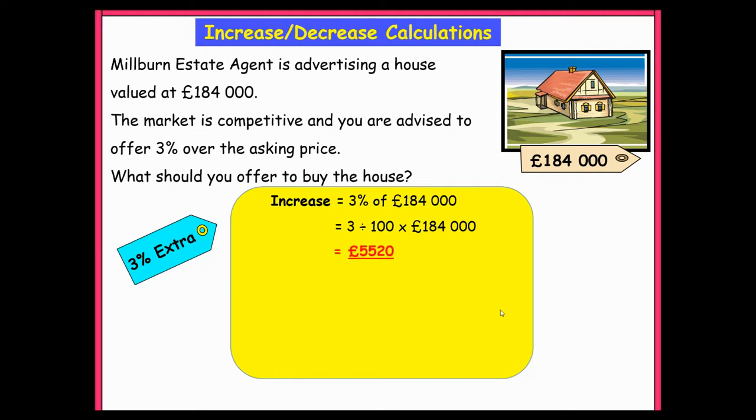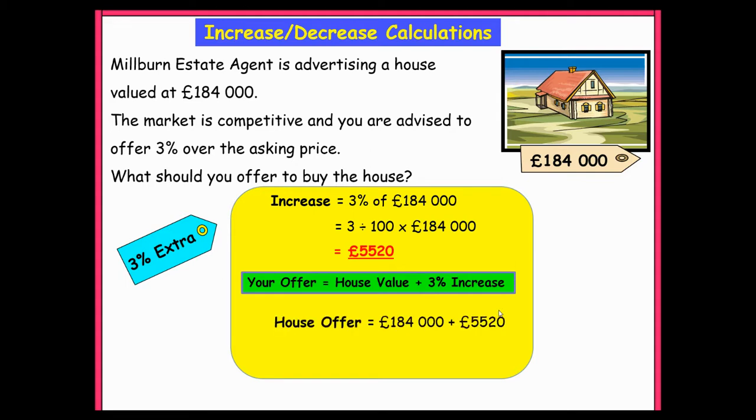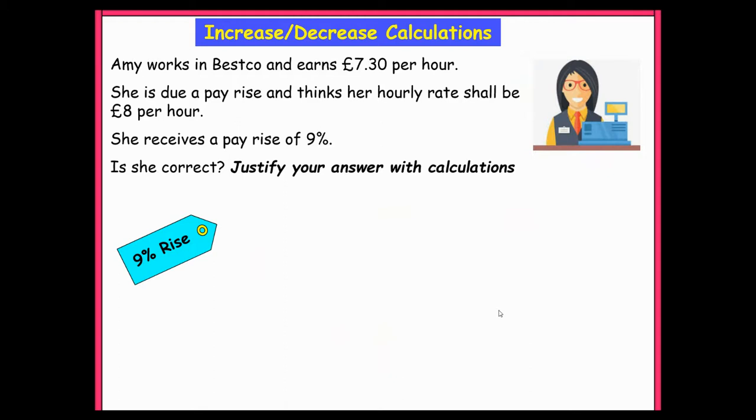This time we are trying to put money onto the price of the house. So your offer will be the house value and then plus the 3% above the asking price. So we will be adding and then we get our answer. It doesn't mean you're going to get the house, it just means that you've got a better chance if that's what they're suggesting for an offer.